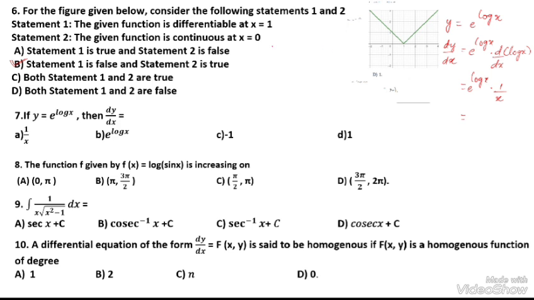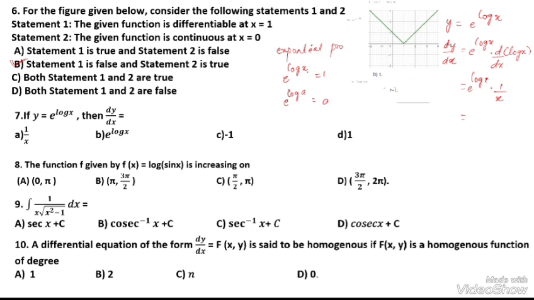Again, we know the property, that is called the exponential property. That is e to the power log x is equals to x. Then e to the power log a is equals to a.